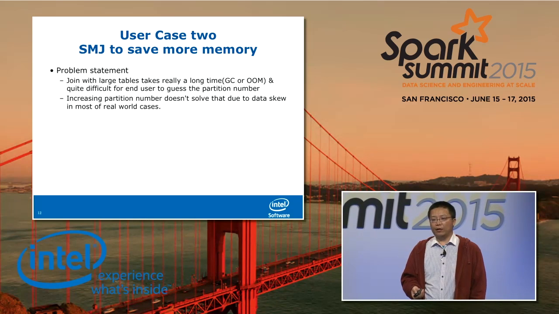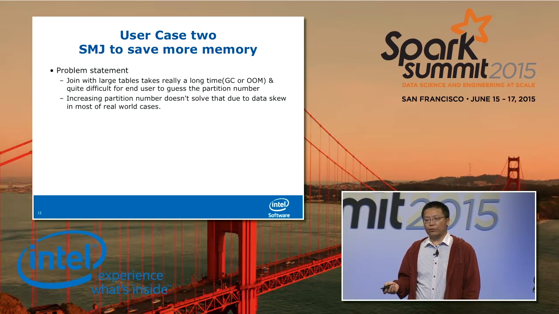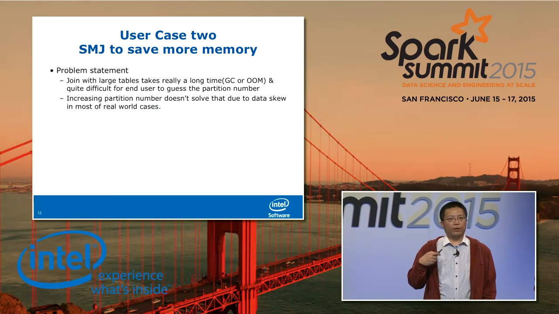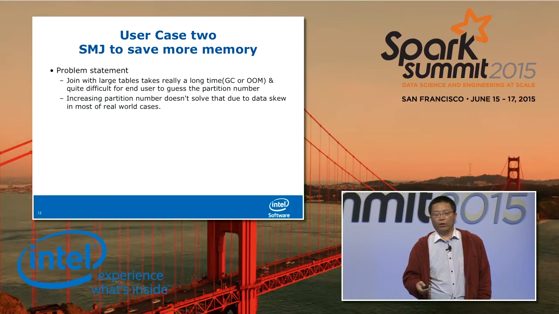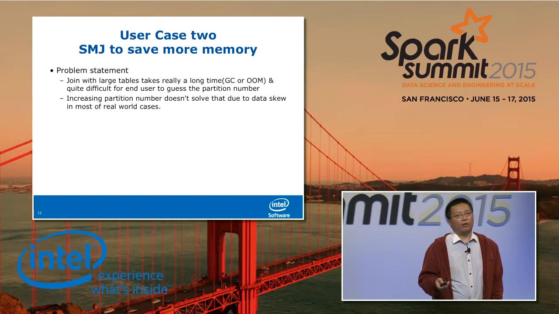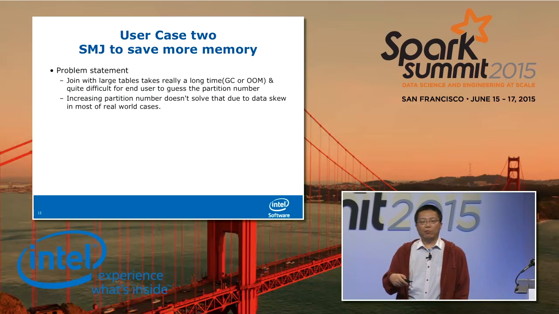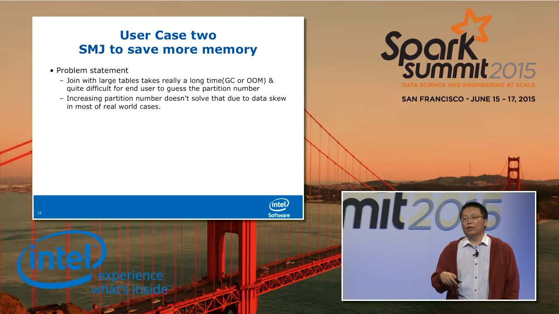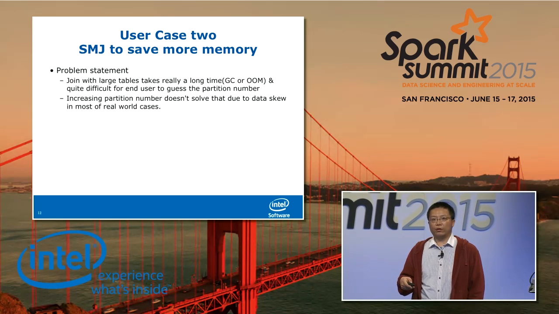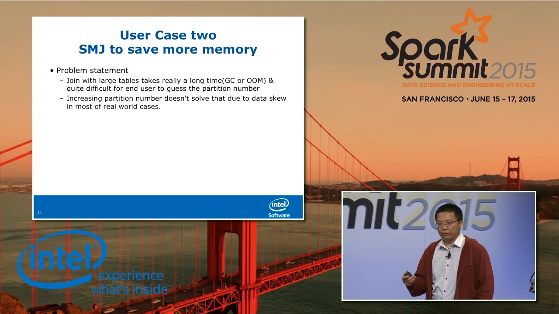One challenge we hear most from customers is that when they try to join large tables, it takes a very long time due to GC or out of memory issues. Sometimes it takes a long time to do the GC. Fortunately, if you have enough memory, you can cache all this data, but sometimes it's just impossible for the executor to get all the required memory. So Spark just fails.